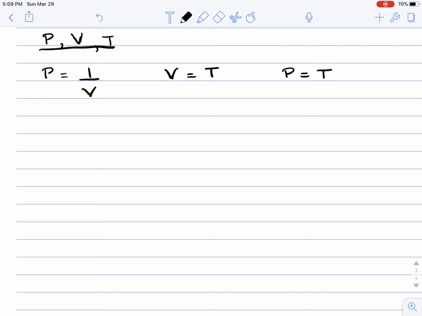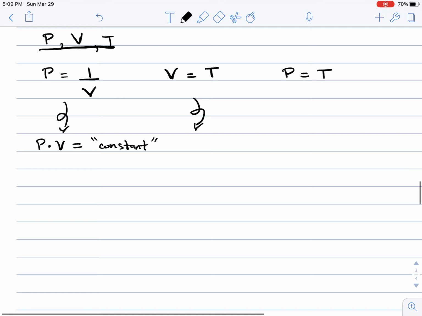And so remember that each of these equations was multiplied by some constant, right? If you solve for the constant, we get pressure times volume is equal to some constant.